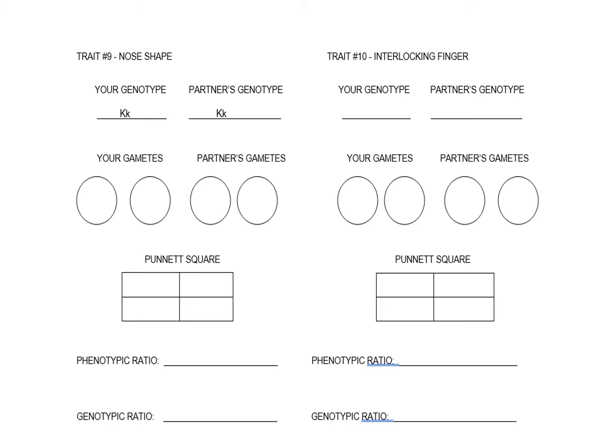Now these genotypes, and you'll see I have a big K and a little k. I'm going to make the assumption that both you and your partner have the dominant trait for nose, and K is the allele letter that they use for that. And I'm going to make the assumption that you're heterozygous. What you need to just remember is that those two letters are homologous pairs.